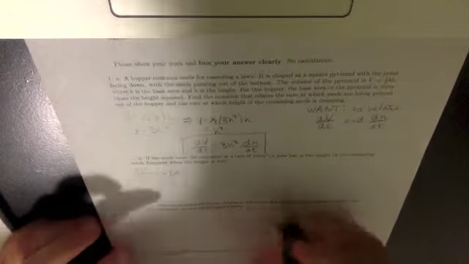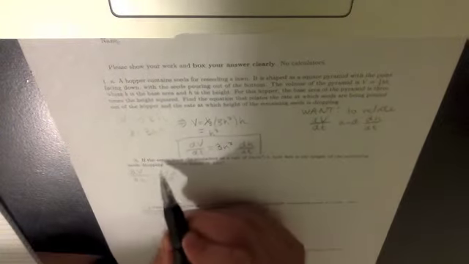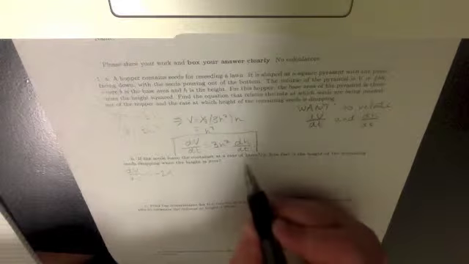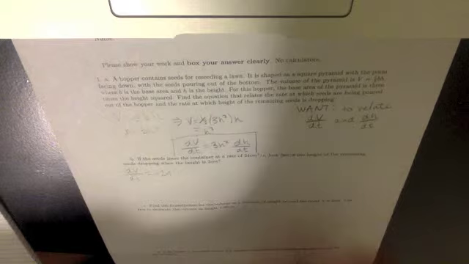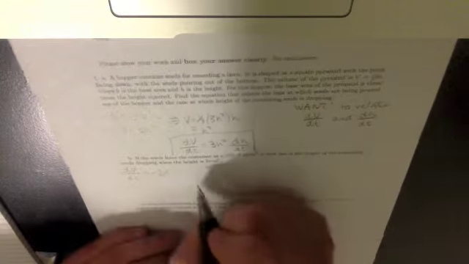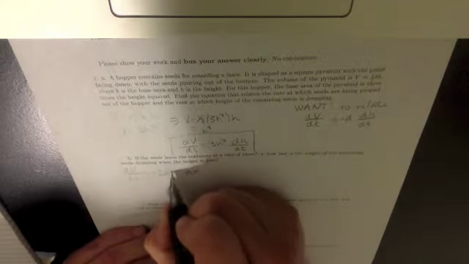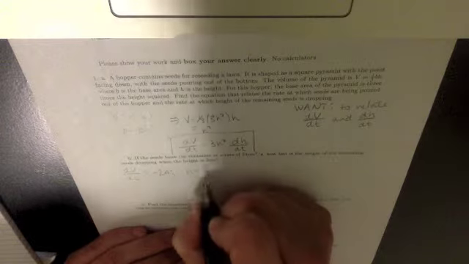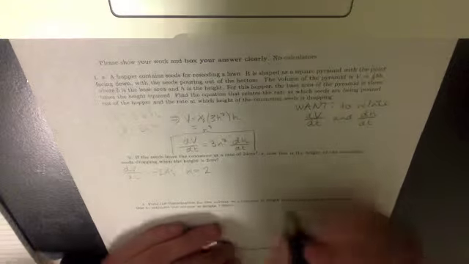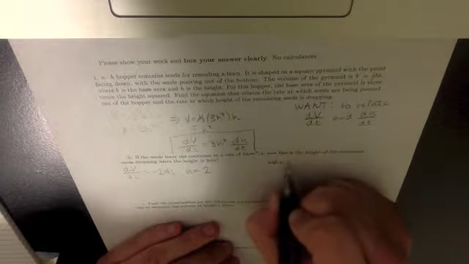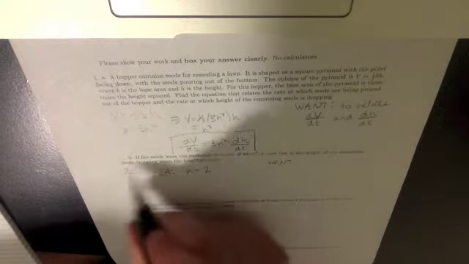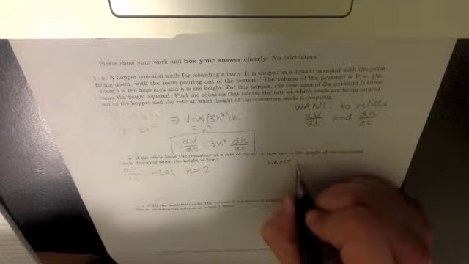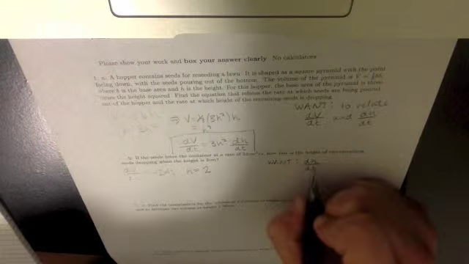Notice it's negative 24 because they say the seeds leave the container at a rate of 24 centimeters cubed per second, a change in volume per second. So they also tell us that the height is going to be 2 centimeters. And they ask for how fast is the height of the remaining seeds dropping. That means we want the change in height with respect to time.